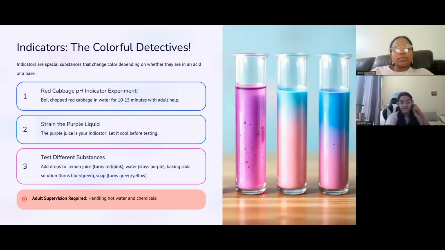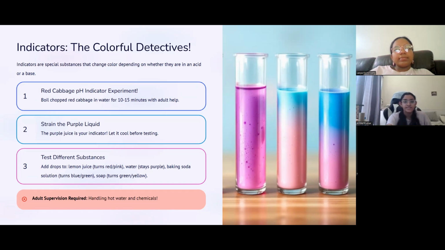You can also search this up for a better explanation, but red cabbage is a pretty good indicator of the pH level. And always try to search up a pH scale so you can have the exact scale that we don't have a picture of right now.